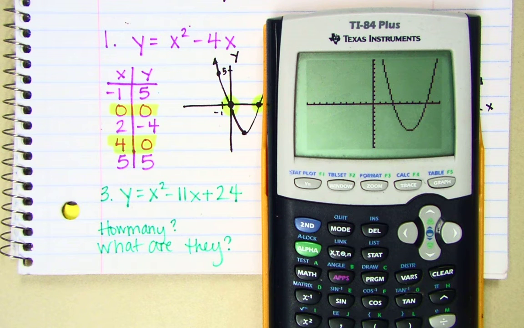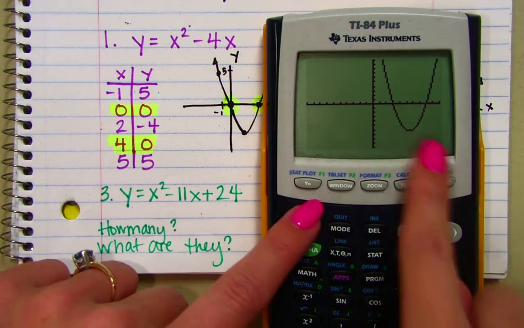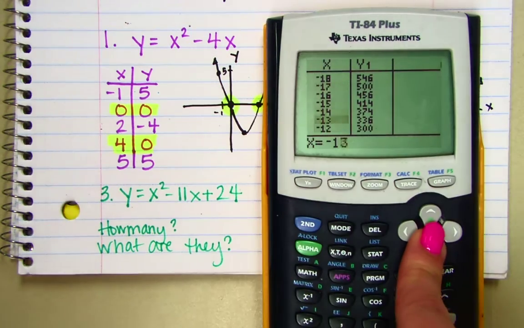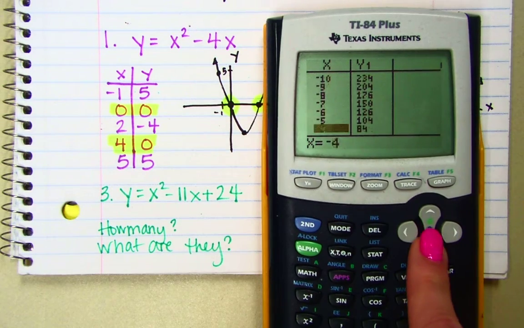But you can see them on the table very easily if you're looking for what? What do you look for on the table? 0. Right, the 0 on the y, right? 0 on the y. So we see that we're looking for 2 of them. They are on perfectly round numbers, right? Let's see, we're looking for where y is 0. What are they? 3.